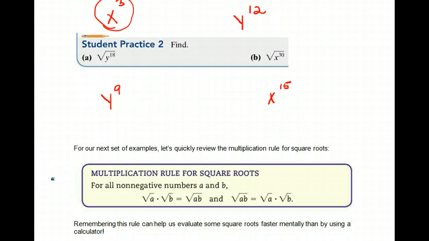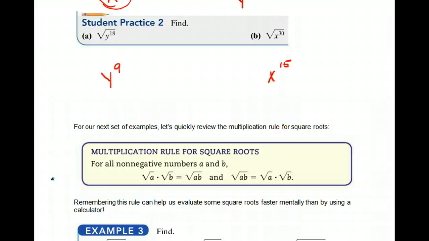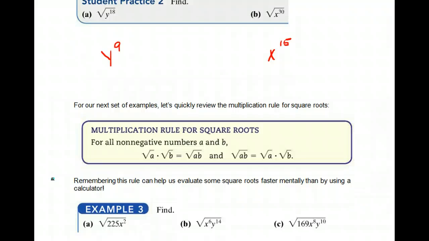Now, for our next set of examples, it's going to be very important that we quickly review the rule for the multiplication of square roots. This is something that will be covered a little bit later in the course, but I do want to quickly cover it right now as well, okay?